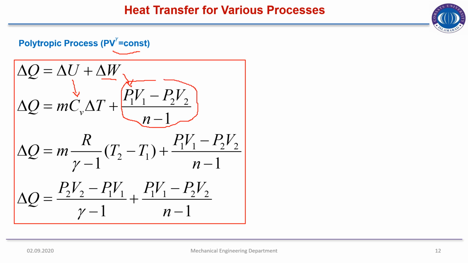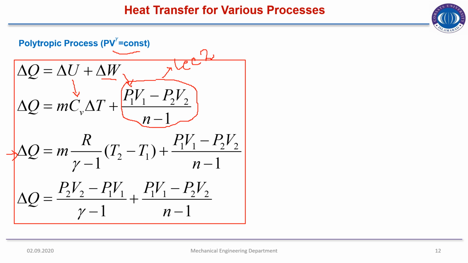in lecture 2. So if you have any confusion regarding how this expression was derived, you can go to lecture 2 and revise that. So in the next step, del Q is equal to mR over gamma minus 1.